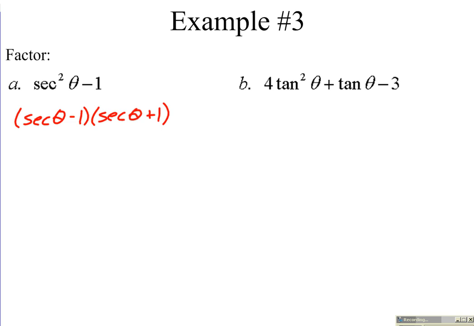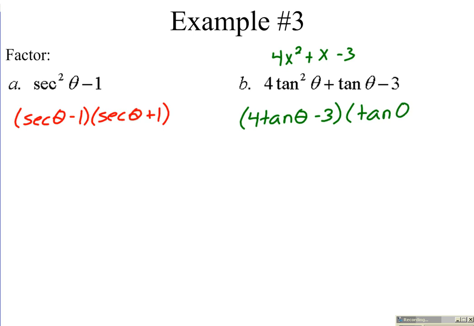Here we have a trinomial. Anytime we think about factoring trinomials, we know trinomials factor into 2 binomials. It's the same as having that trinomial there, which we should be able to factor, only the variable x is the same as tangent theta. So when we go to factor this into 2 binomials, we're going to get 4 tangent theta minus 3 times tangent theta plus 1.